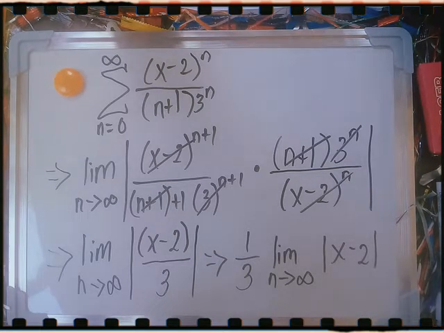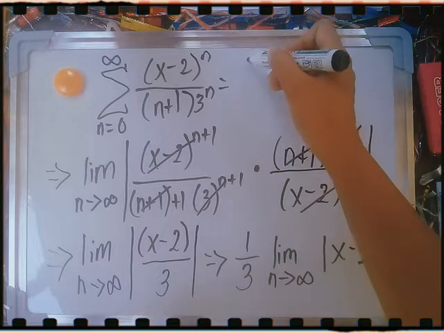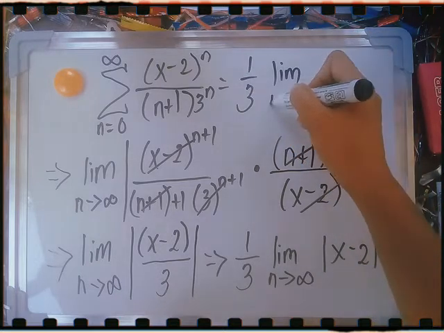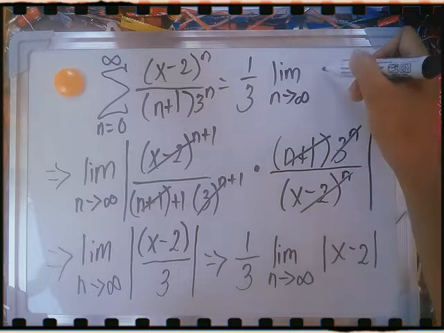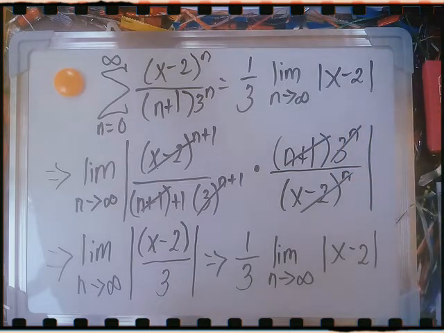Kukunin natin ngayon yung interval of convergence ng ating series na ito. So isulat natin yung sagot dito, bago natin burahin: 1/3 times the limit as n approaches infinity of the absolute value of x minus 2.